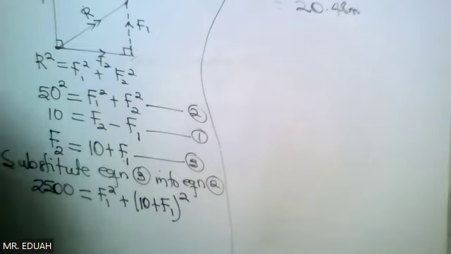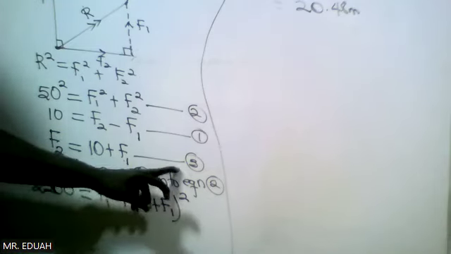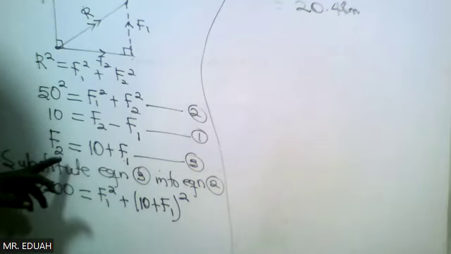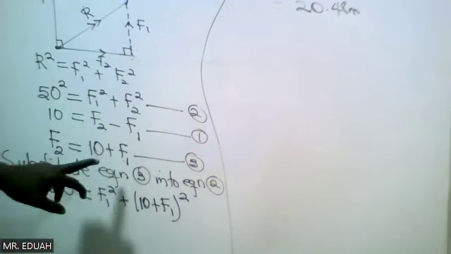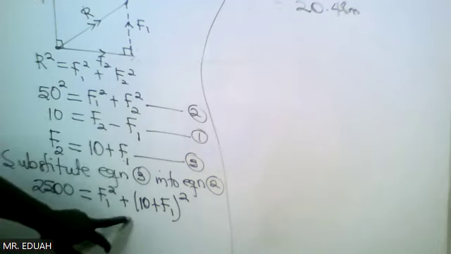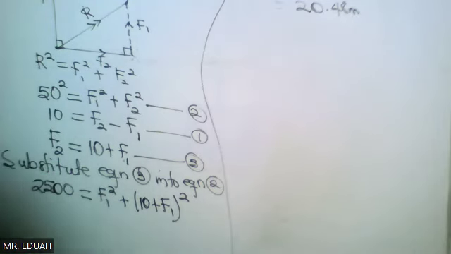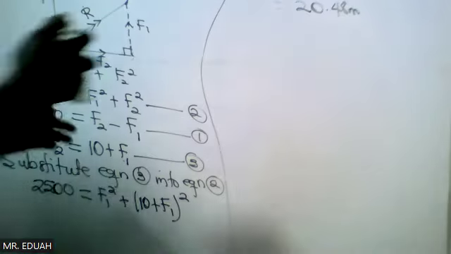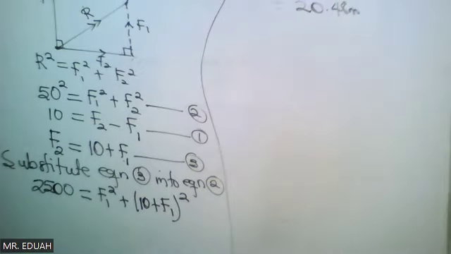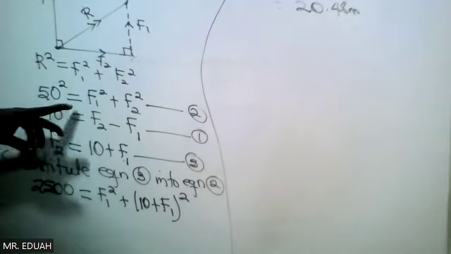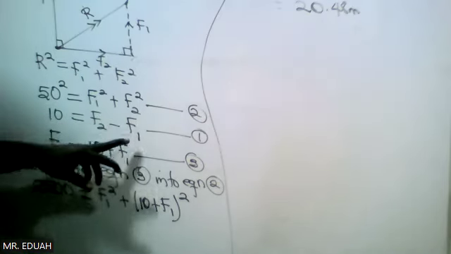So we've done the substitution. We are putting equation 3 into equation 2, substituting 10 plus F1 in place of F2 and then squaring it. We are just substituting equation 3, which is 10 plus F1, into equation 2, which is 50 squared is equal to F1 plus F2 all squared.